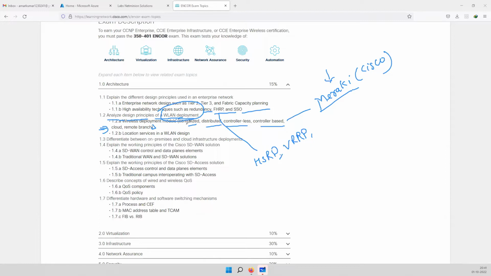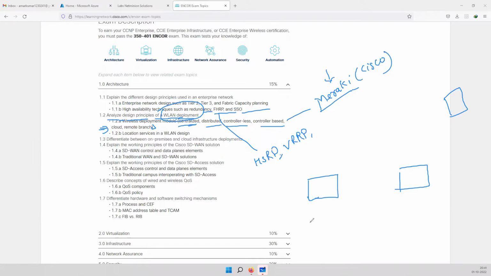When we talk about wireless deployment, you might see in offices we have different access points, and there could be a lot of access points on each floor, maybe 10 or 5. Those access points advertise different types of SSID.